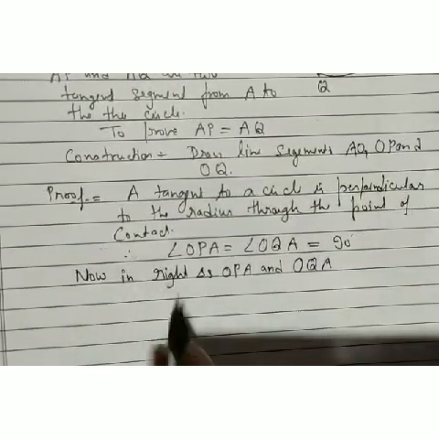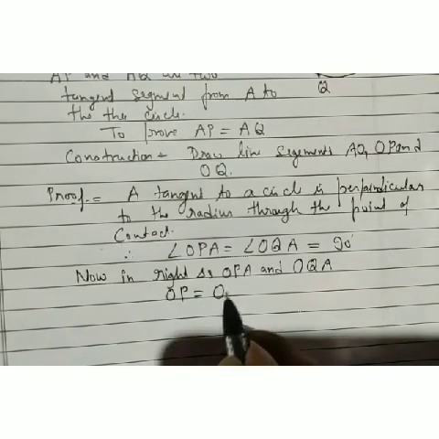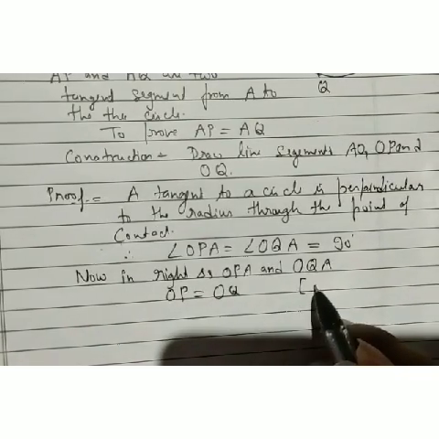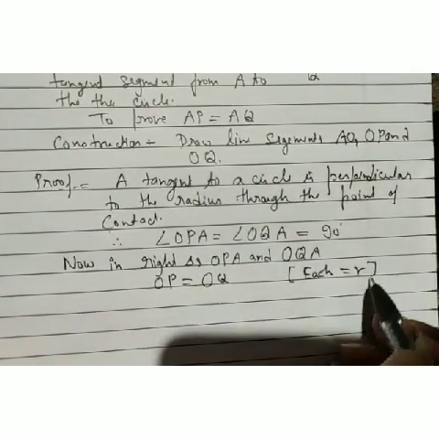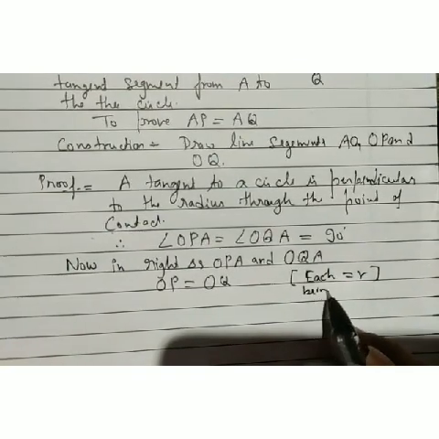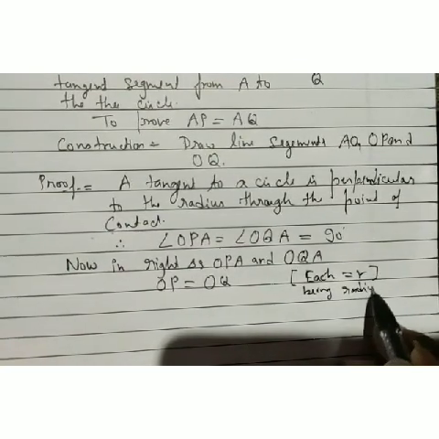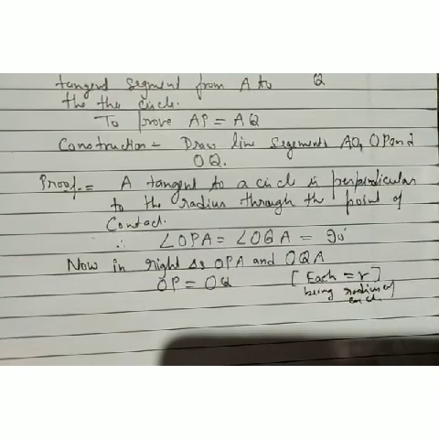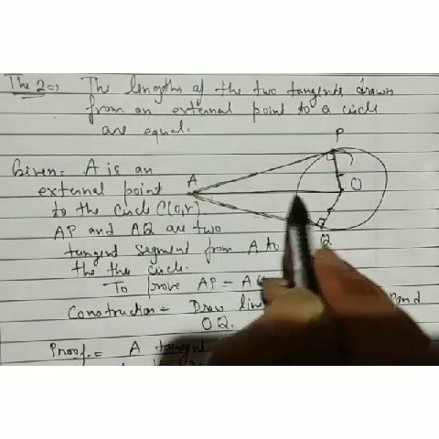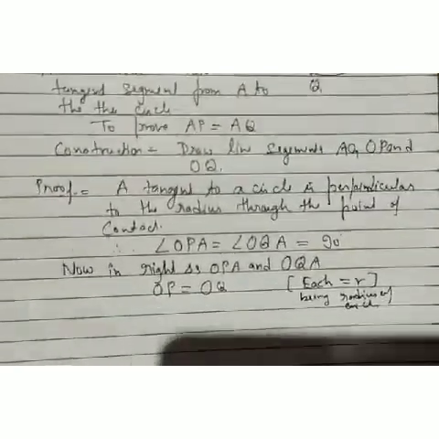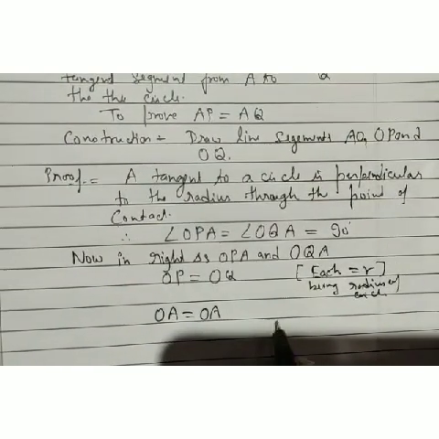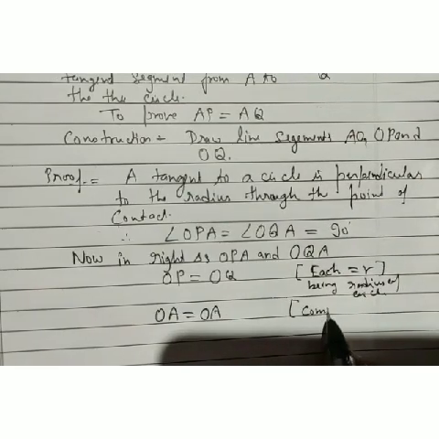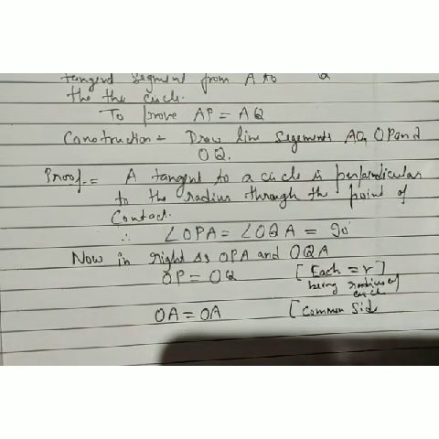Because both are radii of the circle, each equal to R. The second thing is that OA is common to both triangles, so we can mention here the common side.